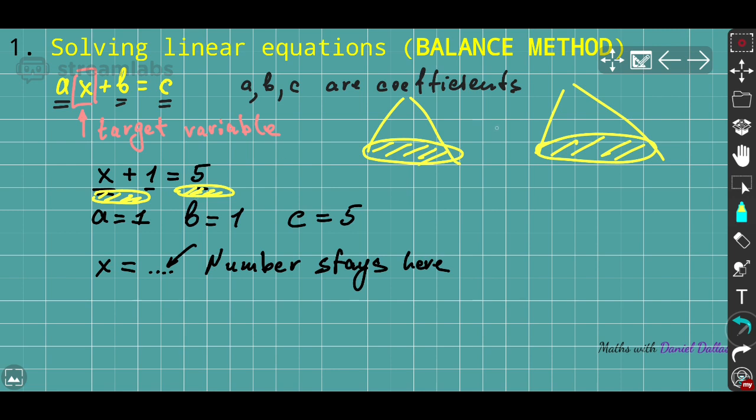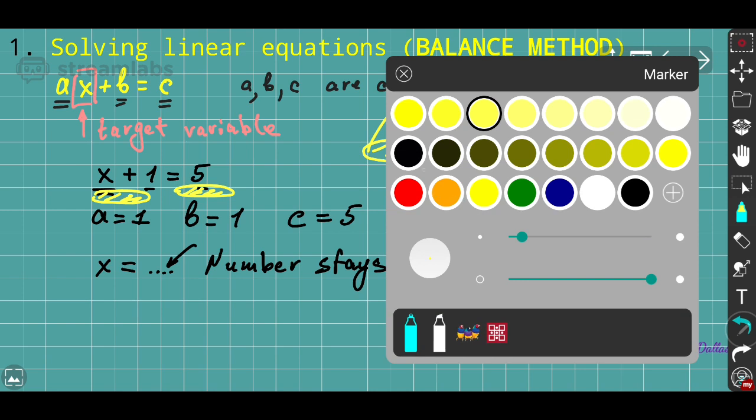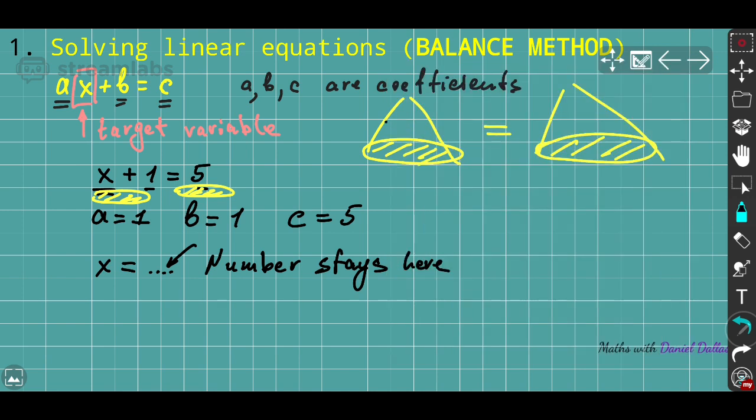Because you have an equality sign, your plates are actually in balance. So here you have x plus 1 on the left plate and 5 on the right plate. It means that right now you have a physical balance. Okay?